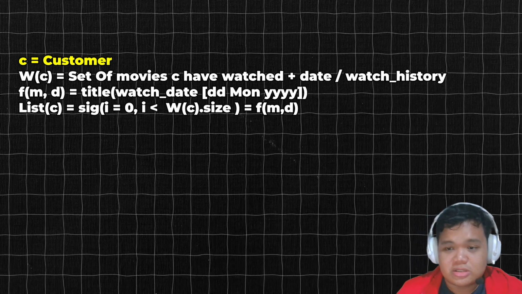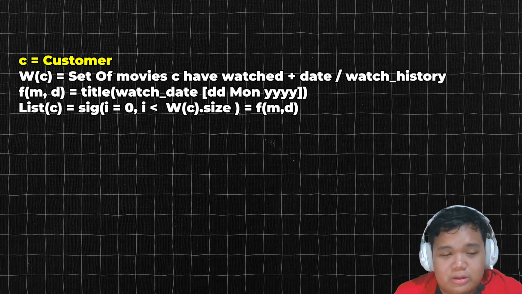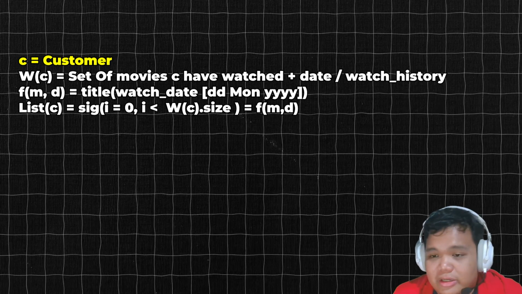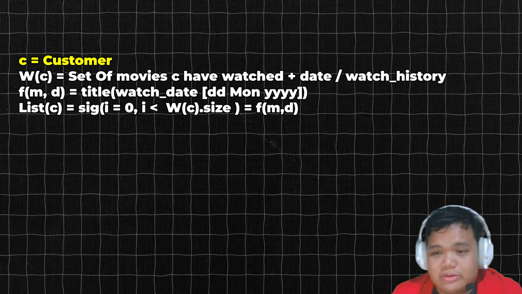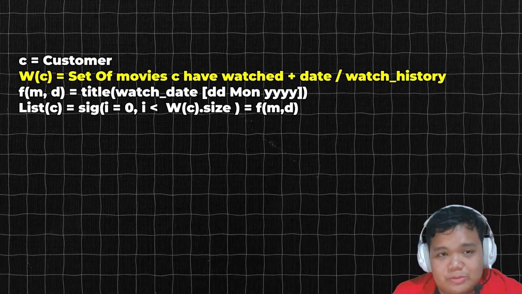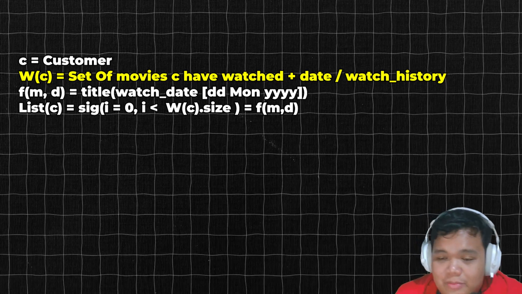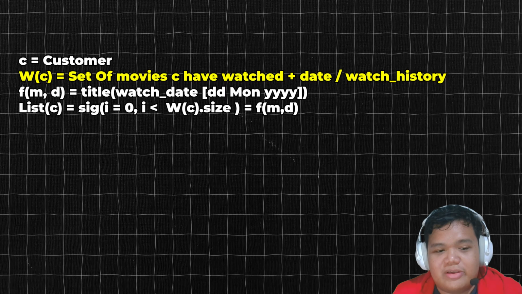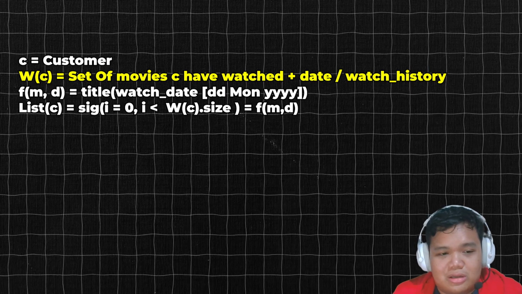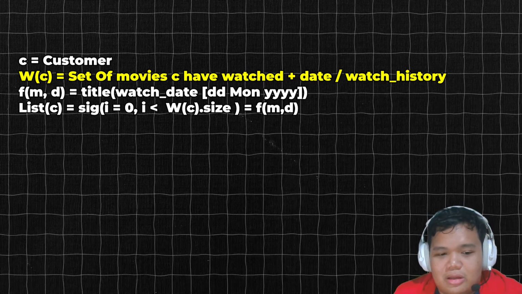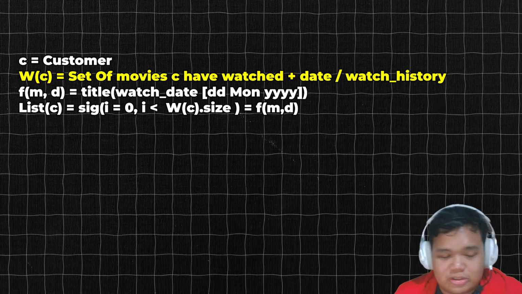In this case, they will always have a watch history, right? Let's think of it as W, and this W will always belong to a customer. So W with the parameter C is like the set of movies, which includes the movie and the date in pairs that the customer has watched.